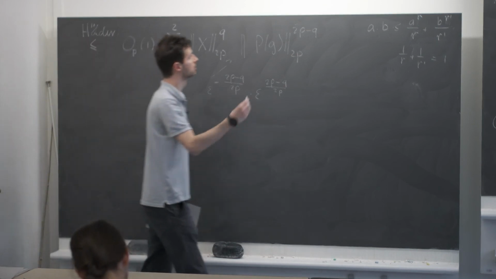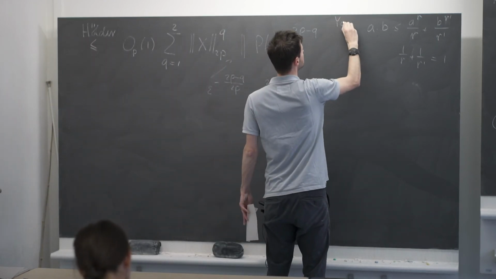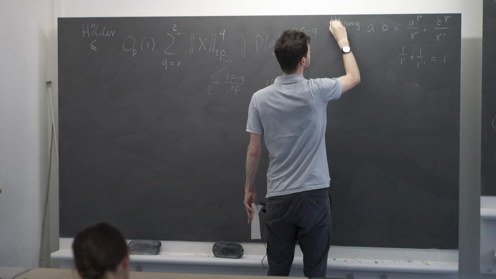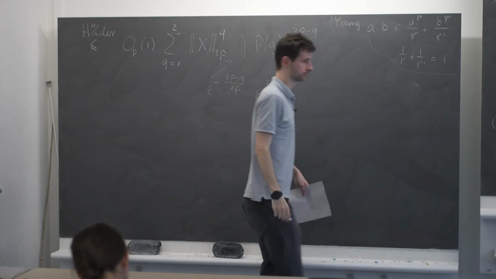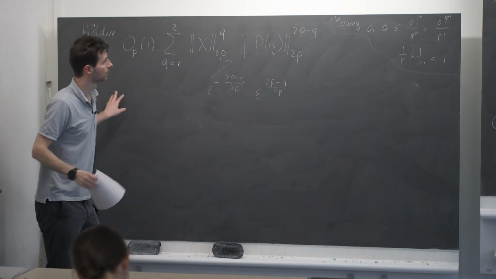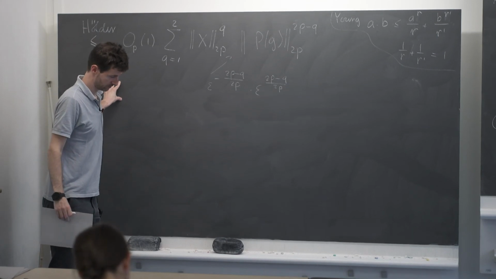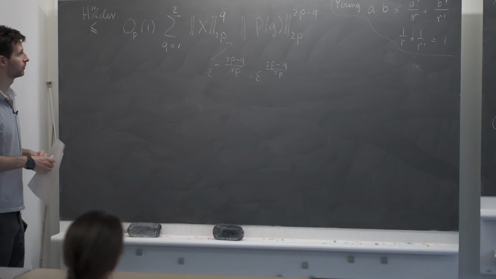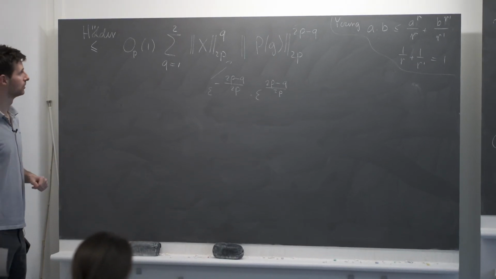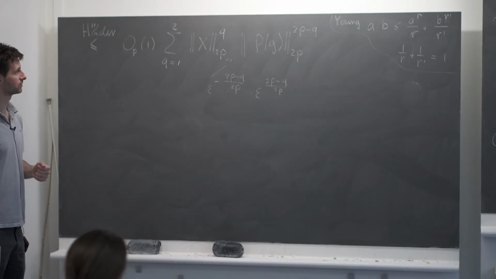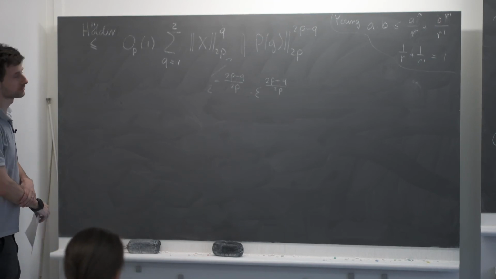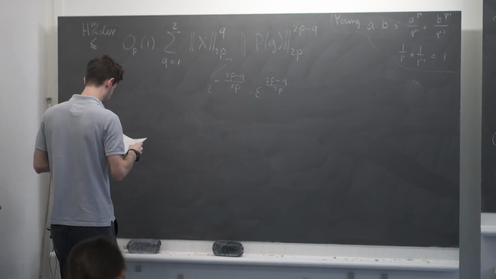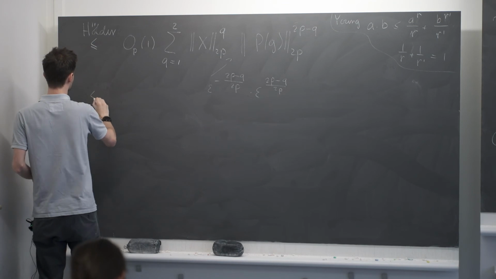That's Young. For some reason, many people call this the Schwarz inequality. People have this reflex of calling absolutely everything where you do some kind of inequality to decouple a product Schwarz, but it's not really Cauchy-Schwarz.